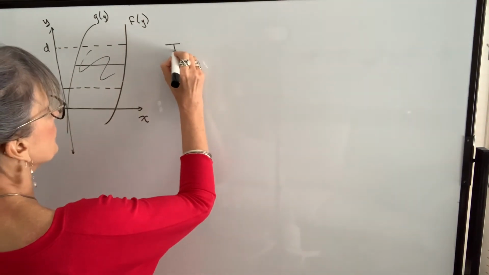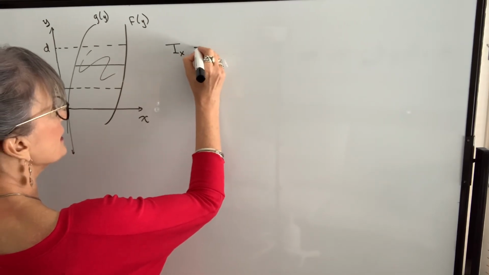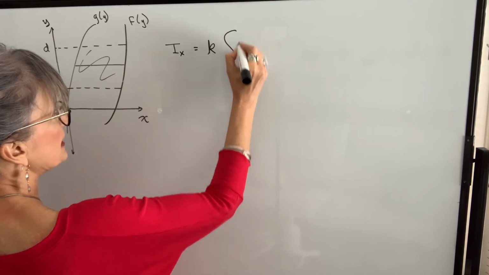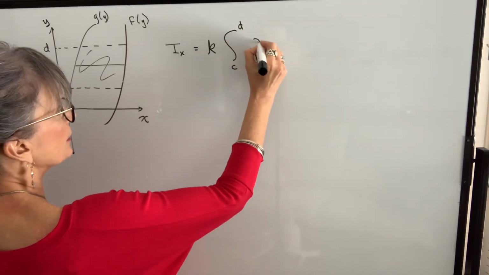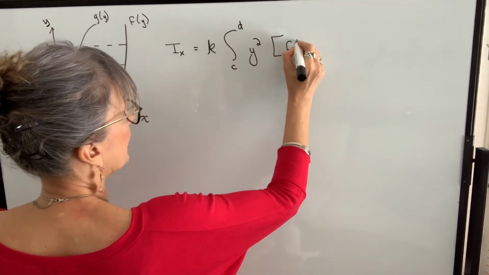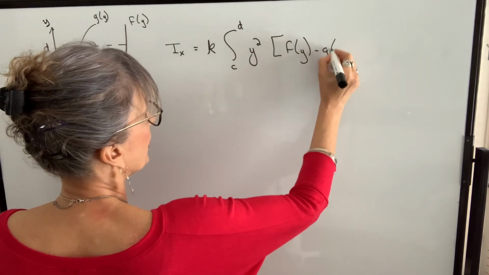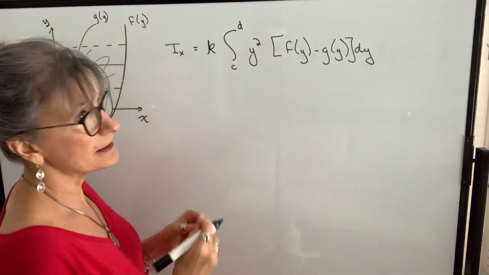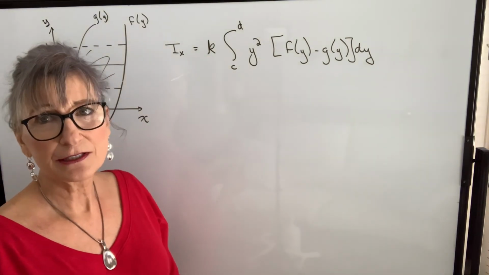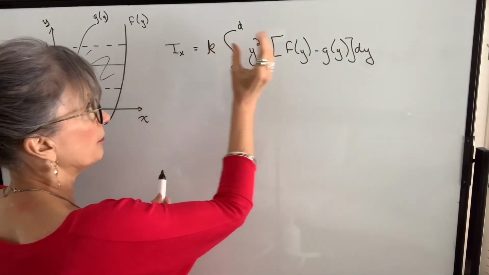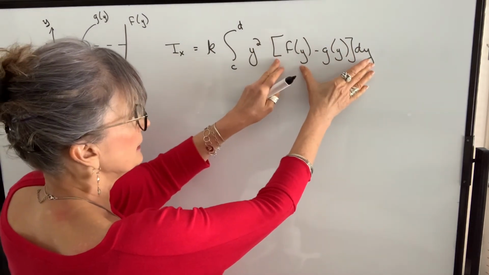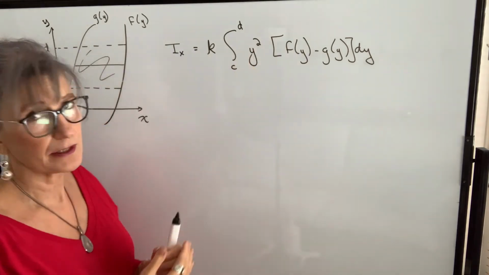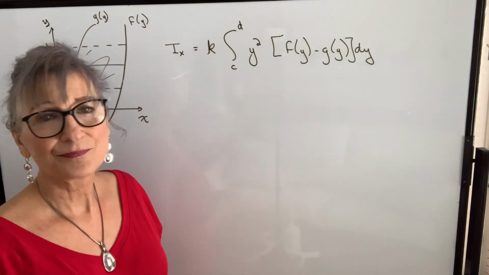So the moment of inertia with respect to the x-axis would be equal to our constant times the integral from c to d of y squared times f of y minus g of y dy. So K is the density in mass per area. And if we take that mass per area and multiply by the area, that gives us the mass. And when we take that mass and multiply by y squared, we get the second moment.